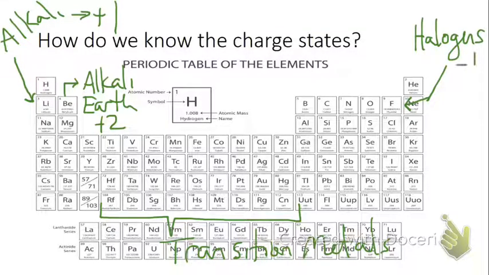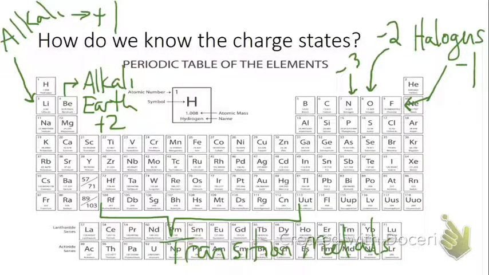They usually adopt a -1 charge. Here's oxygen. So oxygen and down usually adopt a -2 charge. And then nitrogen and down a -3. And that's where we'll stop with the negative charges. Right? And so we can use these rules to help us name some compounds.